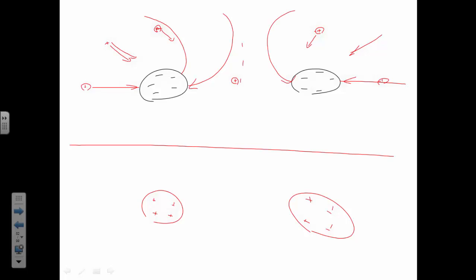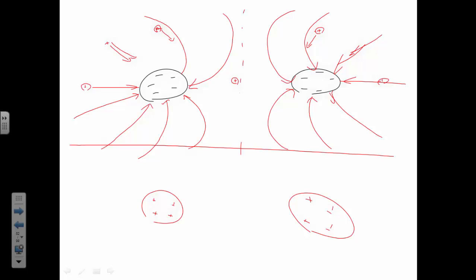And up this axis of symmetry, you'll have no force if you put it anywhere along here. So you'll get a field pattern that looks something like this.